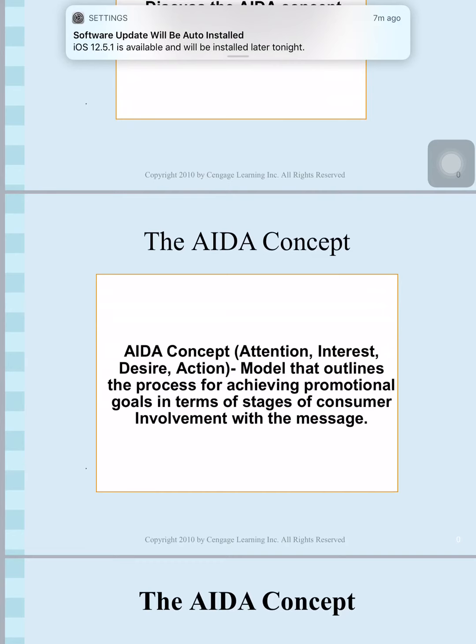These three things help the consumers respond to the marketing message. So when you apply the AIDA concept, your target market or audience will think about it, feel, and act on your product.